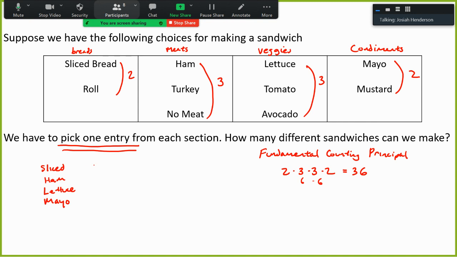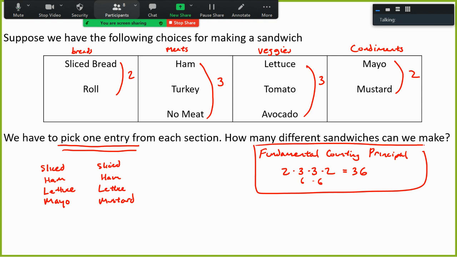But we could also have sliced bread with ham again, with lettuce, and mustard. So there's just 2 of our possible sandwiches, right? That's 2 mixes, and it would get real confusing real fast to try to list them all out. That's why we're going to rely on the fundamental counting principle to see how many different total options there are, picking one thing from each list.